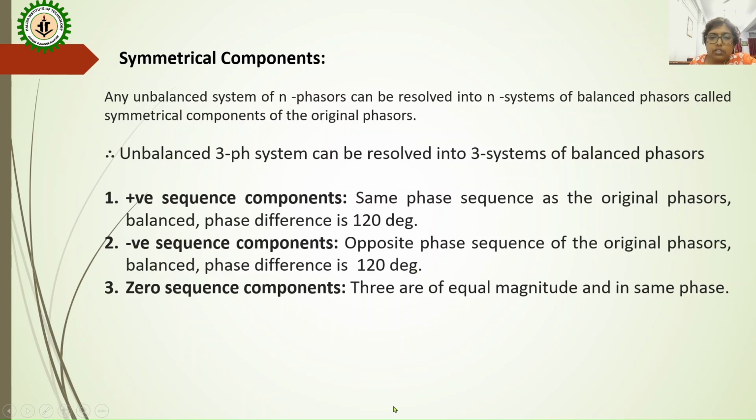For the zero sequence, the three are of equal magnitude and in the same phase, so the phase difference is 0. So we can conclude, and this will be proved later, that any phase breaks into its positive sequence, negative sequence, and zero sequence components.